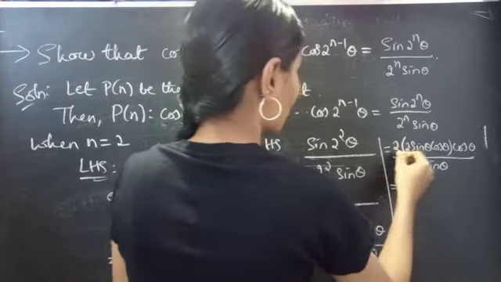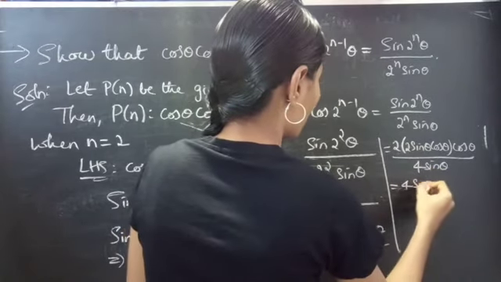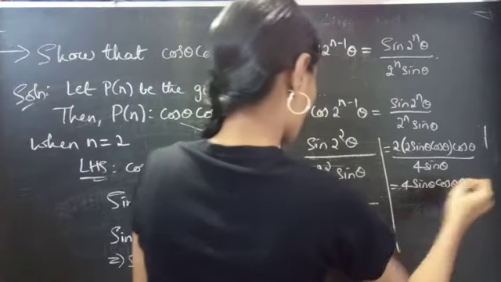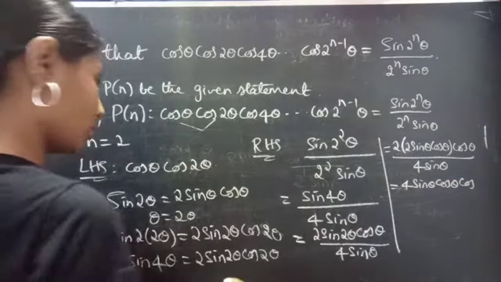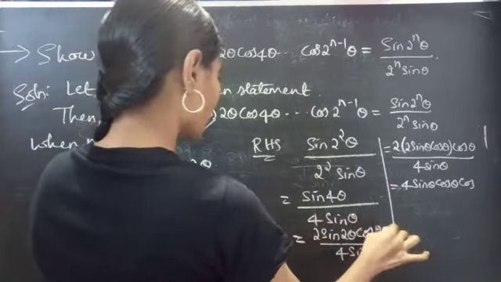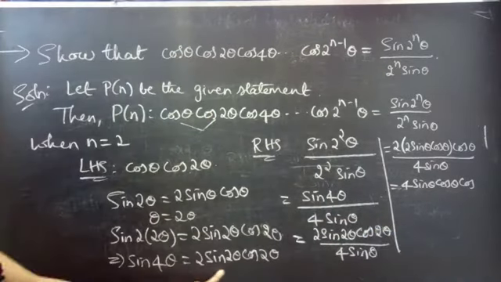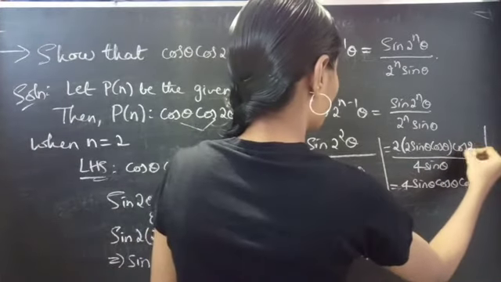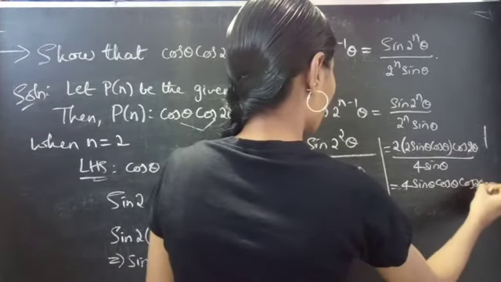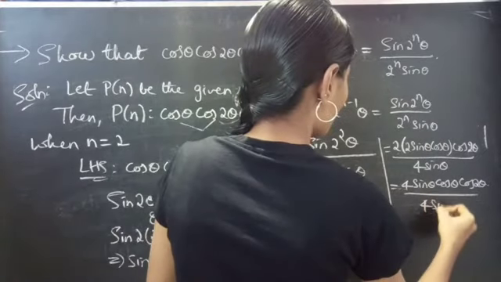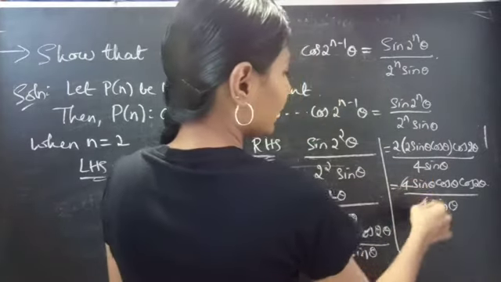This is equals to 2 twos are 4 into sin theta into cos theta into cos 2 theta, okay, not theta. See, sin 4 theta equals 2 sin 2 theta into cos 2 theta, by 4 sin theta. So here 4 sin theta gets cancelled.